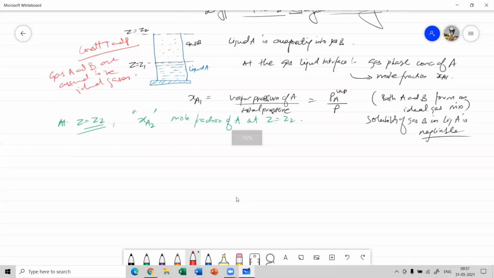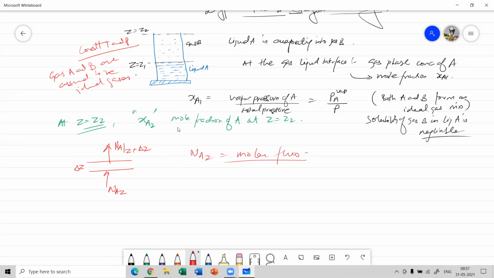For this system, we consider a small shell of thickness delta z, and we apply the balance, that is NAz input and NAz plus delta z output. Now let me tell you what NAz is: NAz is the molar flux.